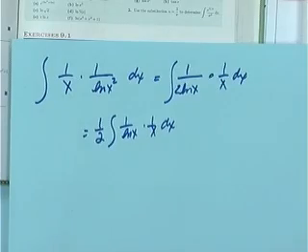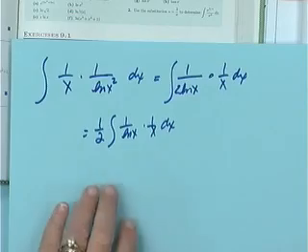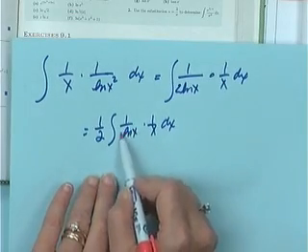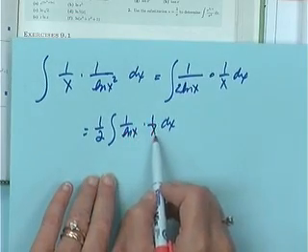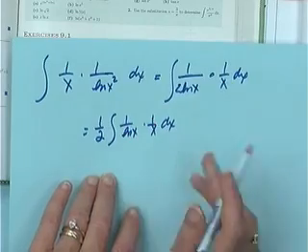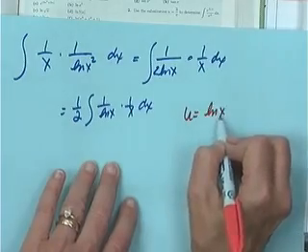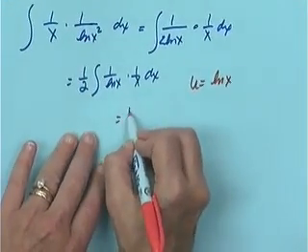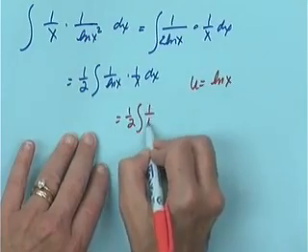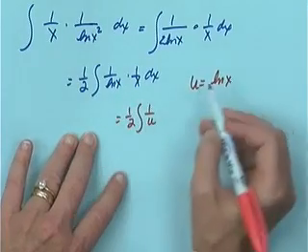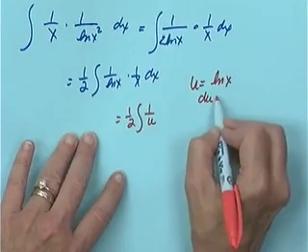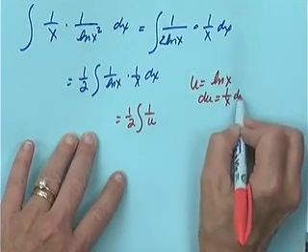All right, so I'm looking for a function u and I'm looking for its derivative. What function do you see that also has its derivative there? Natural log of x, because the derivative of natural log x is 1 over x dx. All right, so we'll let u equal natural log x. So we have 1/2 the integral 1 over u du, where du is equal to 1 over x dx.